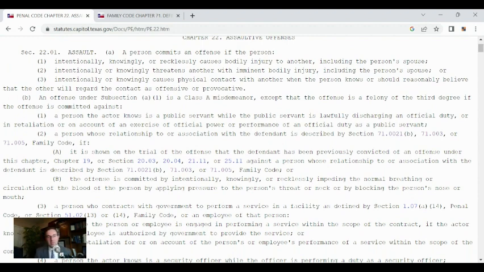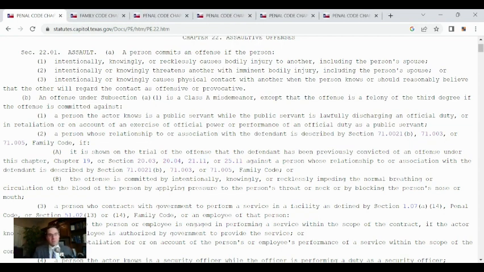Okay. So if it's shown on the trial of a defendant who has previously been convicted of an offense under this chapter, meaning chapter 22, or chapter 19, which is homicide, or section 20.03, 20.04, 21.11, and 25.11, all these different offenses.